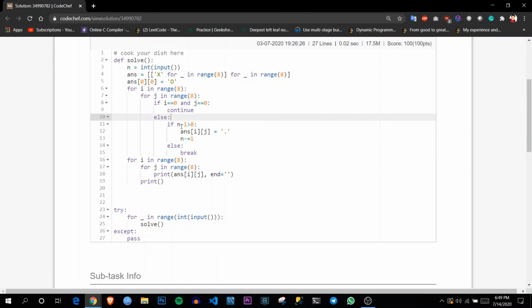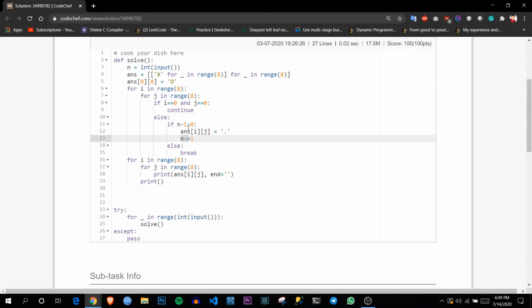And why are we doing n minus 1? As we have said, if we have to allow the king to move for k places, we have to put k minus 1 spaces, because the place where the king is standing is also considered as 1. So that's why we are checking n minus 1 is greater than 0 or not, and we are decrementing it.